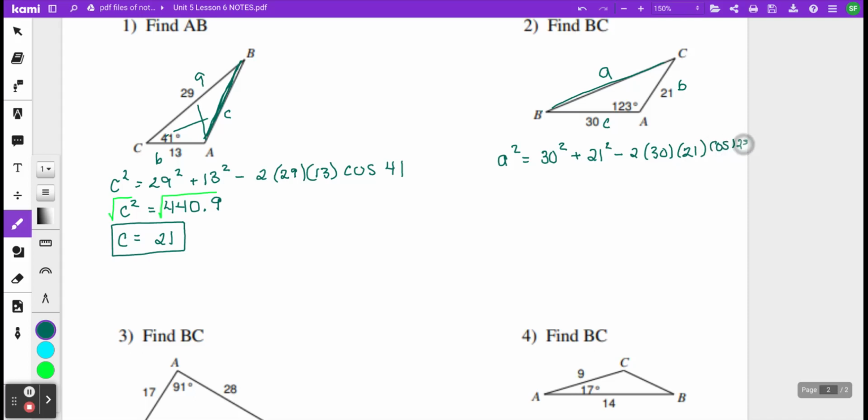And I know I'm running out of room. Oh, just barely fit it in. Then check your calculator, plug that all in, and we're going to get 27.2. A lot of 2's there today. We're going to take the square root of it, and so A equals 45.